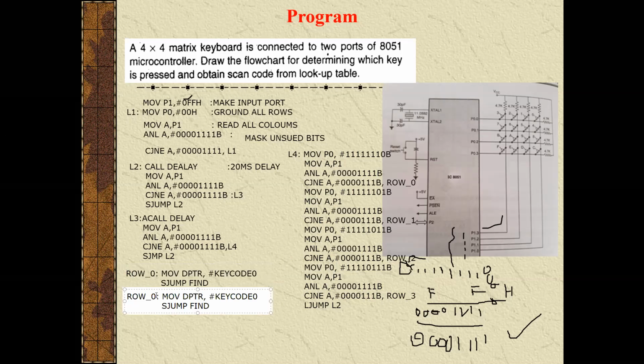This is for row 1. Then what will happen here? This code is for row 2.